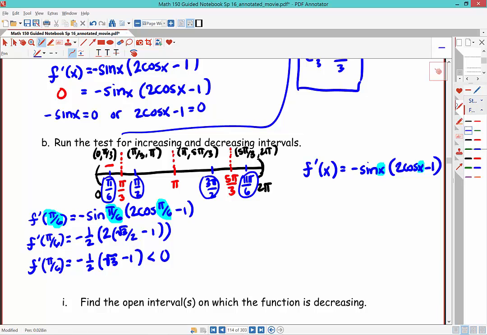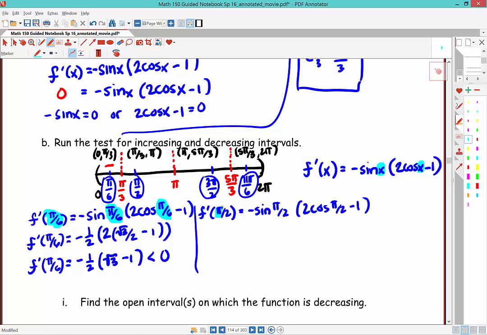Okay, next up, we will have f prime at pi over 2. So this will be negative sine at pi over 2 times 2 times cosine at pi over 2 minus 1. And again, wherever there was an x in the derivative function, we're plugging in pi over 2 this time. So f prime at pi over 2 will be negative 1, and then times 0 minus 1.